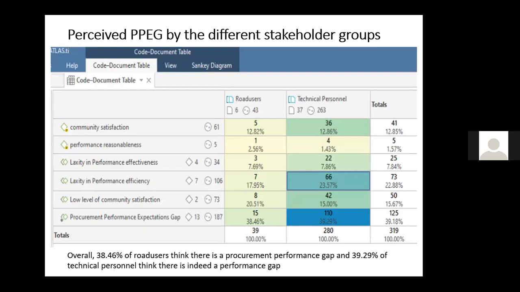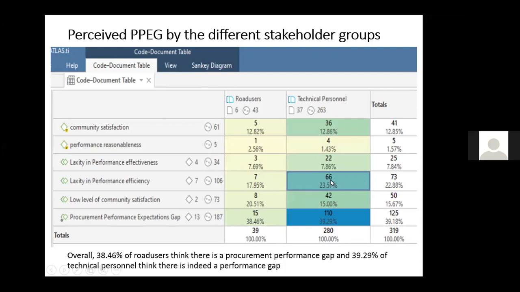We also try to look at the gaps from the different stakeholder groups, that is the road users and technical personnel. And here, as you can see from this table, according to the road users, the gap is 38.46%, that the technical personnel can only achieve the difference.